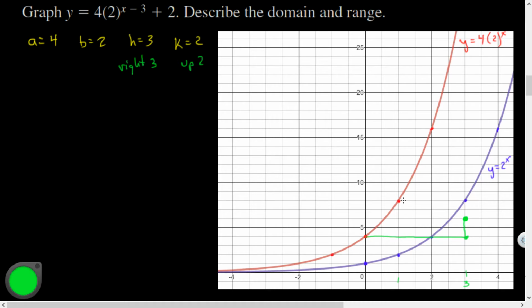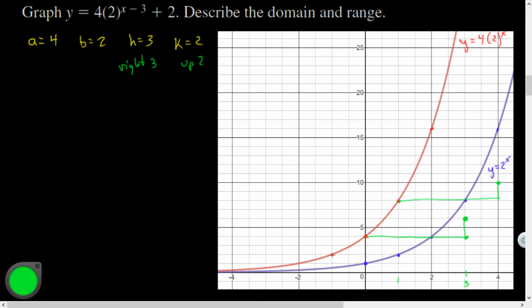Let's see if I can fit the other one. I think I can fit this one more point. So moving this point 3 to the right lands me all the way over here at 4. And I'm going to move up 2 units. All right, so up 2 units, 8 plus 2 is 10. Let's do this one as well, and this will be the last one we do.